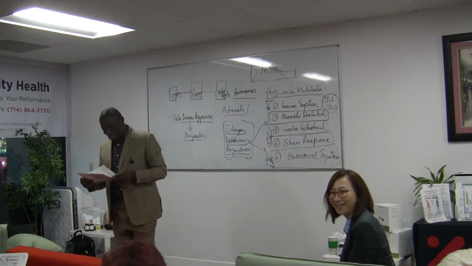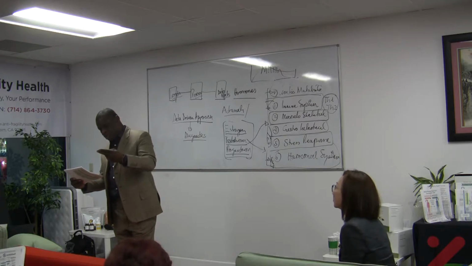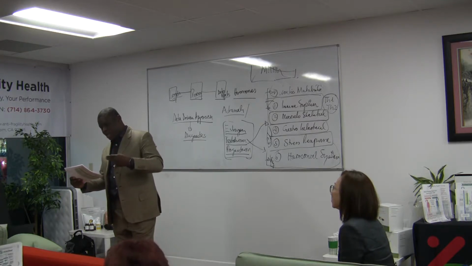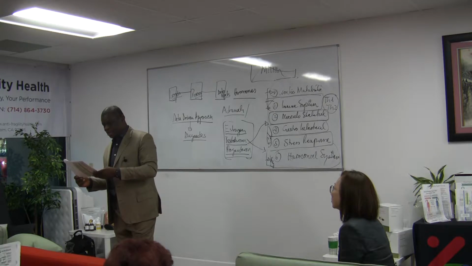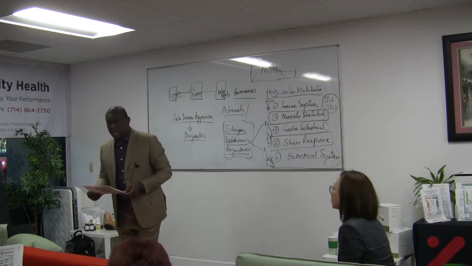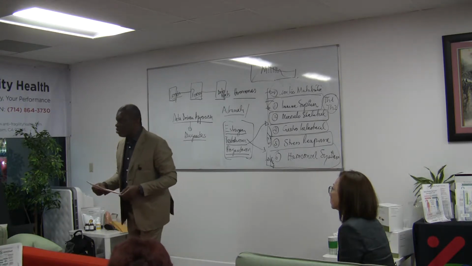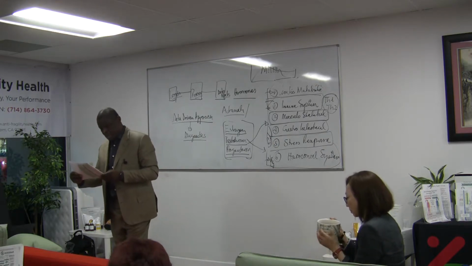Okay, so we were talking about cortisol, so we're now going to look at the other hormones, DHEA, right? PCOS, we know what PCOS is for women, right? That's polycystic ovarian syndrome, which is a big issue for a lot of young women.